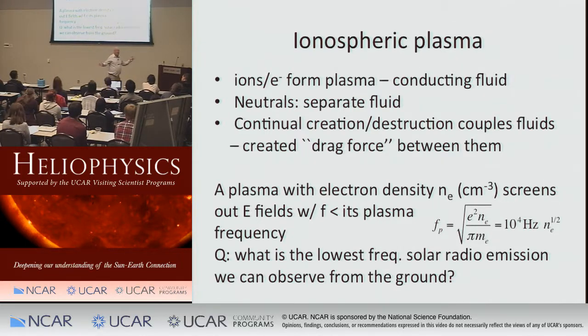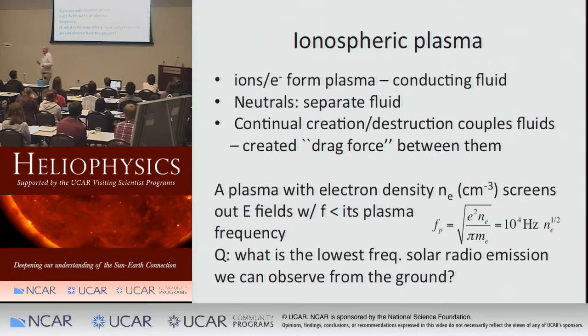That's what electrons are supposed to do. So if you change your electric field faster than the plasma frequency, the electrons are stuck in their tracks. They can't screen out the electric field, and so you get to go through. So if you have an electromagnetic wave at frequencies higher than this, you will be able to propagate through this conducting medium. If it's lower, you're going to see it like it's a metal reflector.